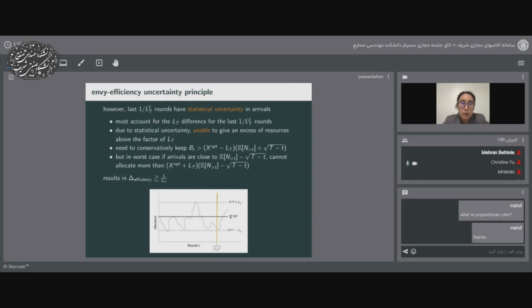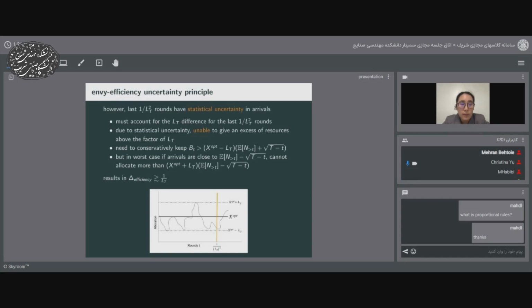But then we also cannot give out. So if we end up with too many resources, we also have a limit of how many we're able to allocate each time. We keep the budget to be at least, say, the x opt. So x opt minus LT is the lower guardrail.